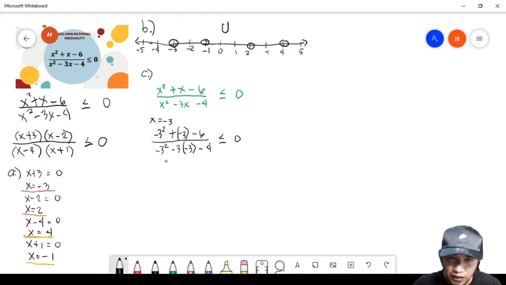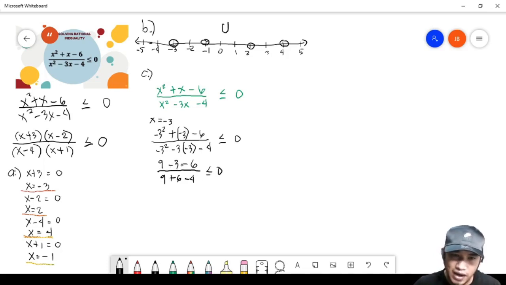Okay. Negative 3 squared ilan? 9. Plus negative 3, that becomes negative 3. And negative 6. Alright. All over. Negative 3 squared is 9. Negative 3 multiplied by negative 3 is positive 9. And negative 4. All over 0.